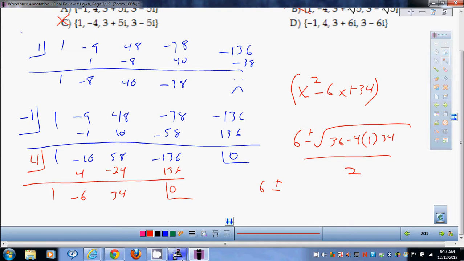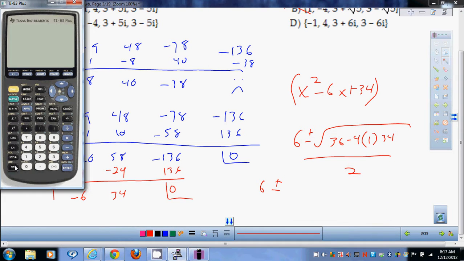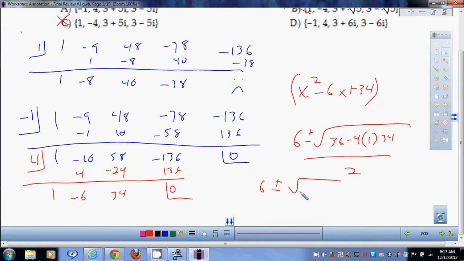Well, I keep forgetting that. So what's the square root of 100? 10.